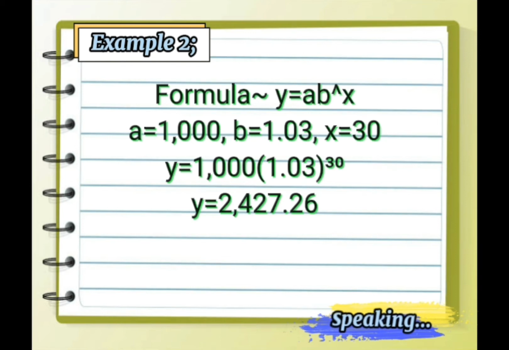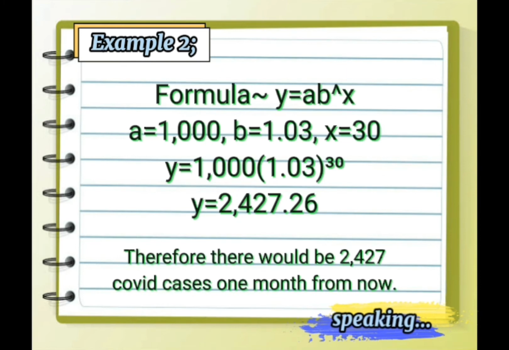Next, compute 1.03 raised to 30, then multiply by 1,000. That will give us y equals 2,427.26. Therefore, there would be 2,427 COVID cases 1 month from now.